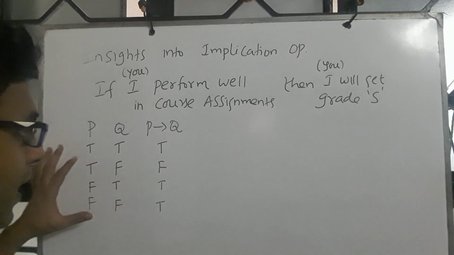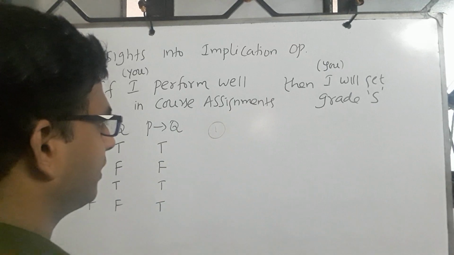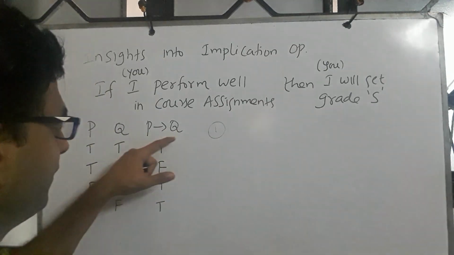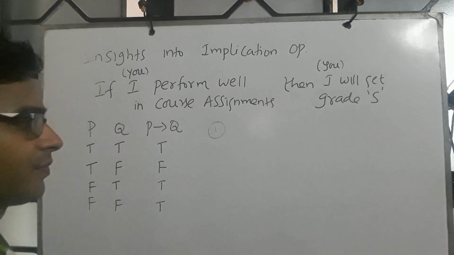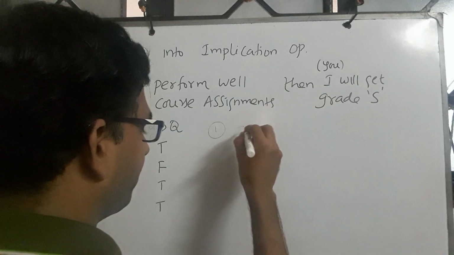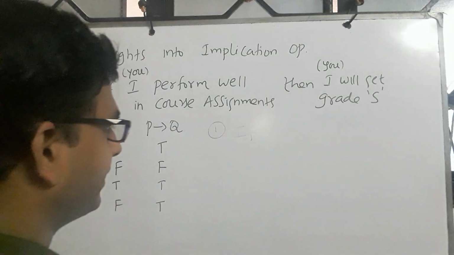And other thing about this is we are not interested in whether P and Q are related when we talk about this. For example, I can write a statement like this.